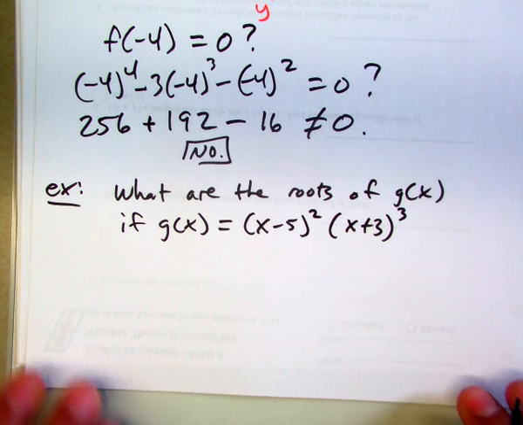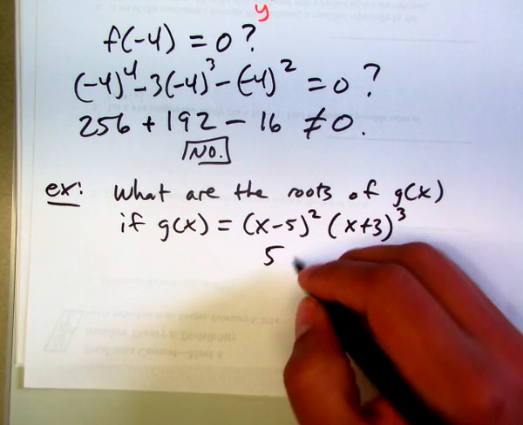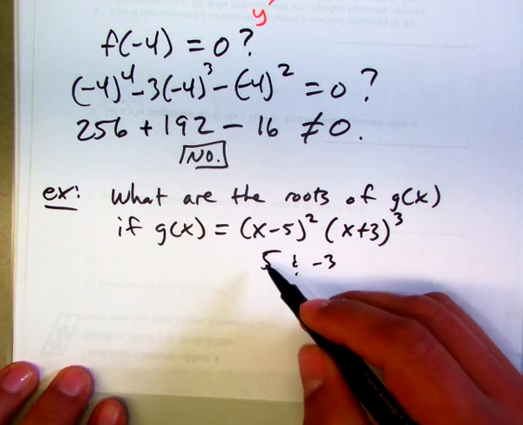We'll keep it easy. What are the roots? Five and negative 3. Done.